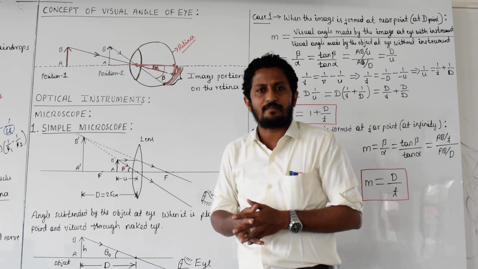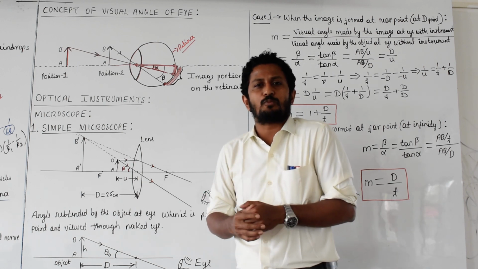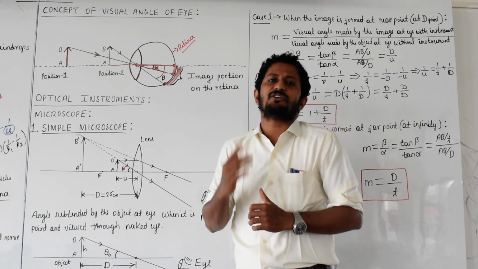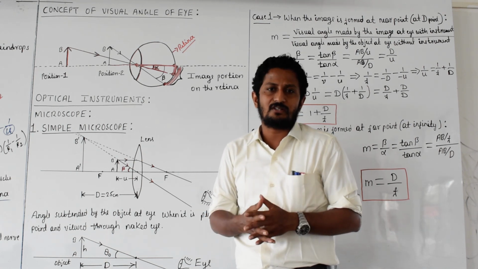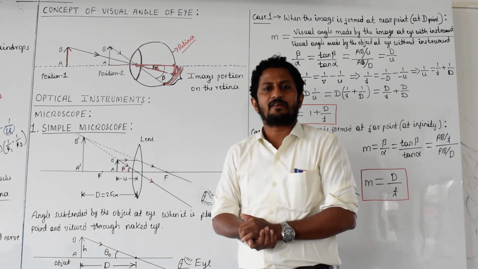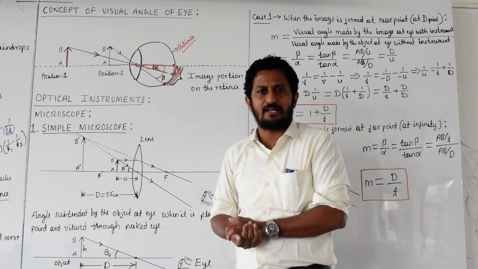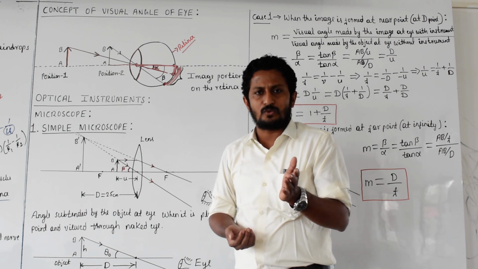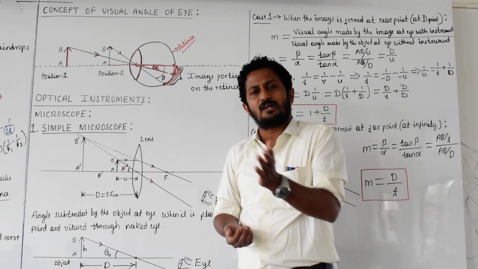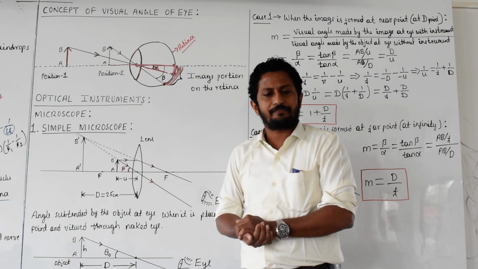Whatever magnification your eye produces is not sufficient. To see that small object clearly, we need the help of some optical instrument, like a simple microscope or compound microscope.